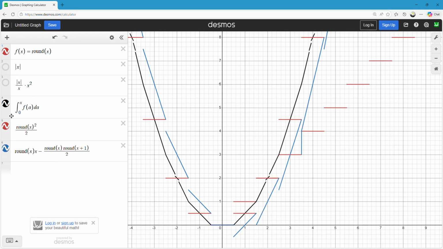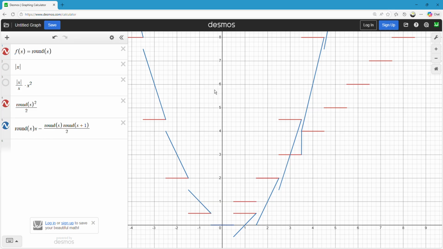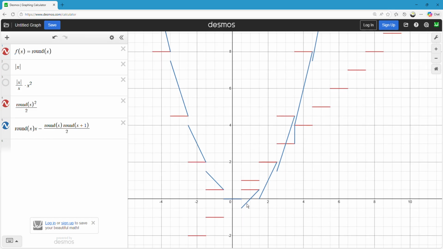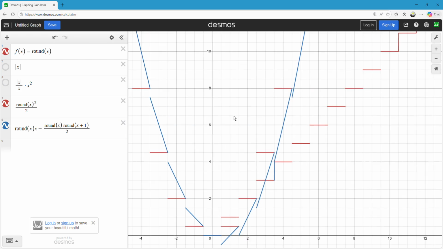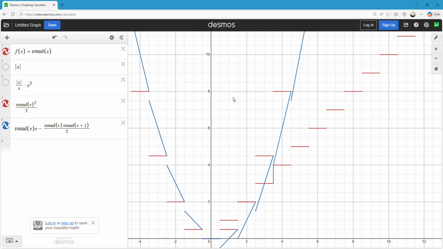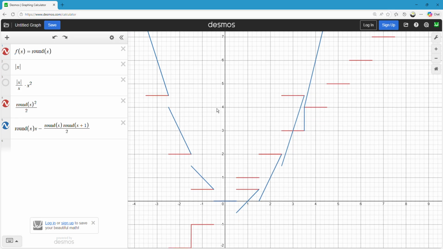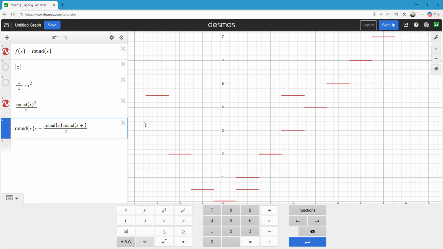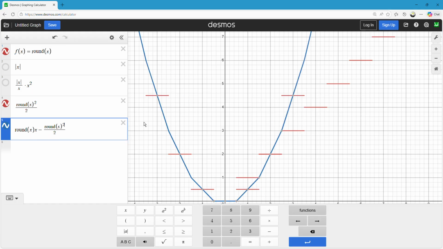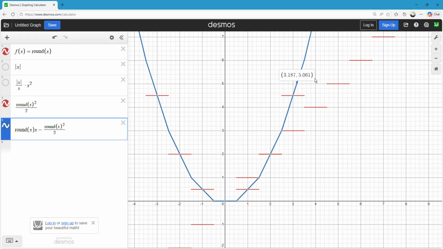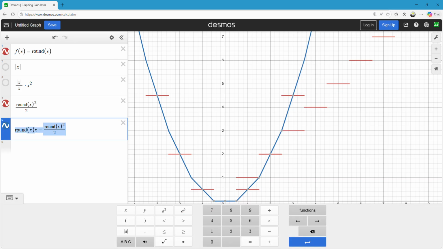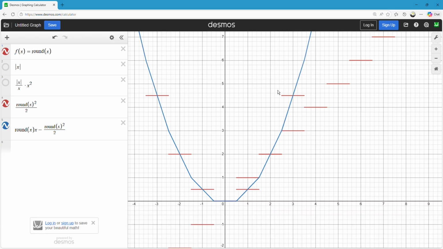Except, as much as it's a really close answer, this isn't the answer at all. That is the answer. And that right there is a function for round of x. That's the antiderivative of the function round of x.